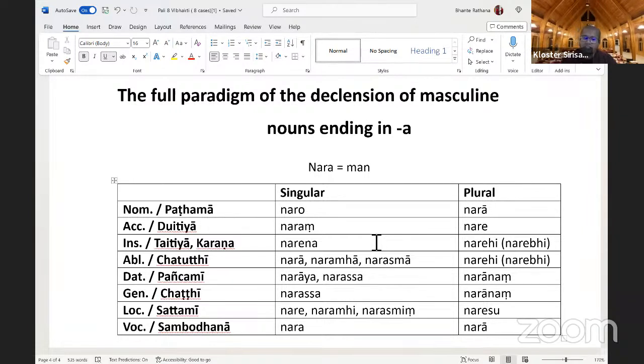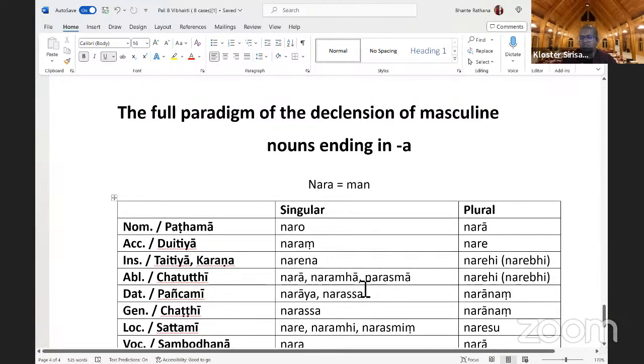So whenever you learn and memorize those things, it's easy to perform in a sentence, and easy to understand when you see the sentence and the noun. So you need to spend some time to do that.